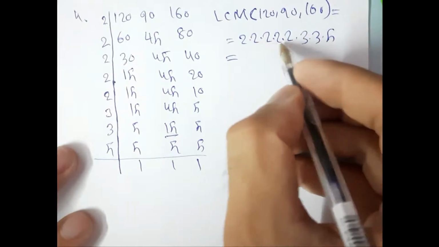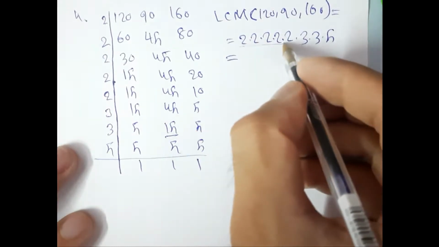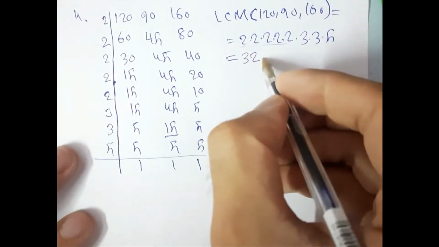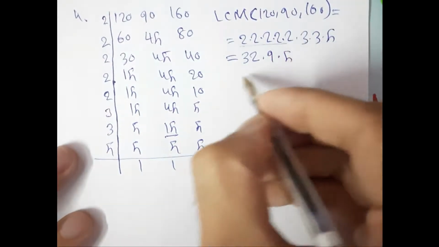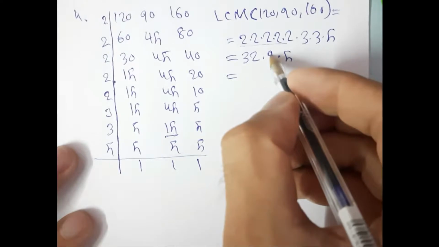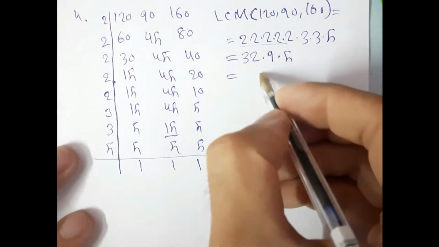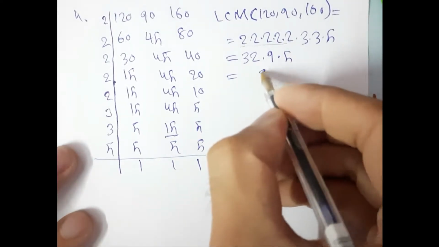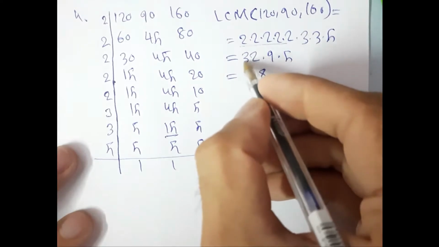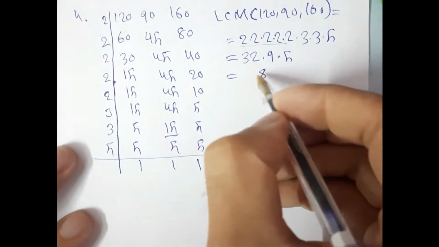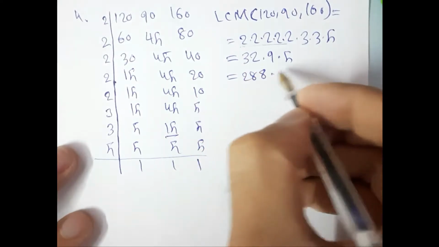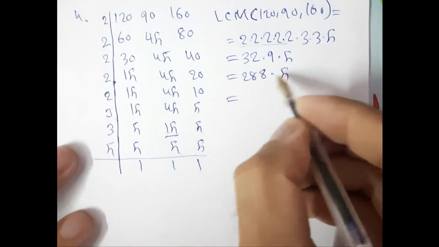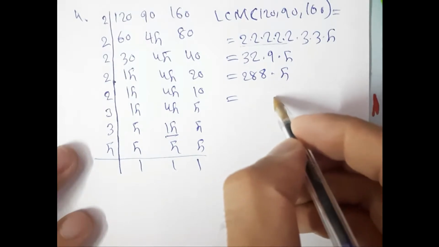When we multiply these numbers, it will become 32. 3 by 3, 9, 5. It is equal to 9 multiplied by 2, 18. 9 multiplied by 3, 72. 72 plus 1, 78. 78 into 5. It is equal to 5 times 8 is 40.